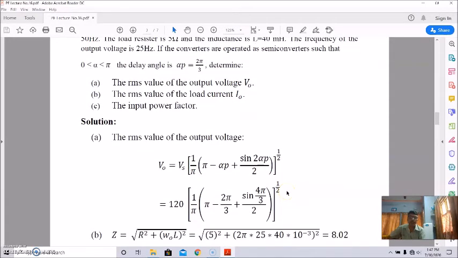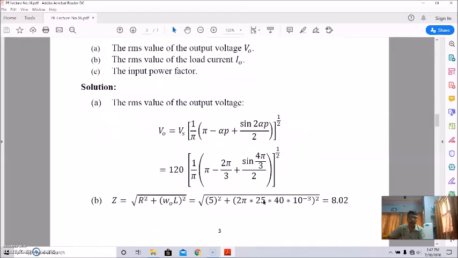So put the value, Vs equal to 120 and alpha p equal to 2 pi by 3, so 2 alpha p will be 4 pi by 3. So how much is it coming? It will be 120 root over (1 by pi times (pi minus 2 pi by 3 plus sin 4 pi by 3 by 2)) to the power half. So you can put the value of pi and you will get the output voltage, the RMS value.